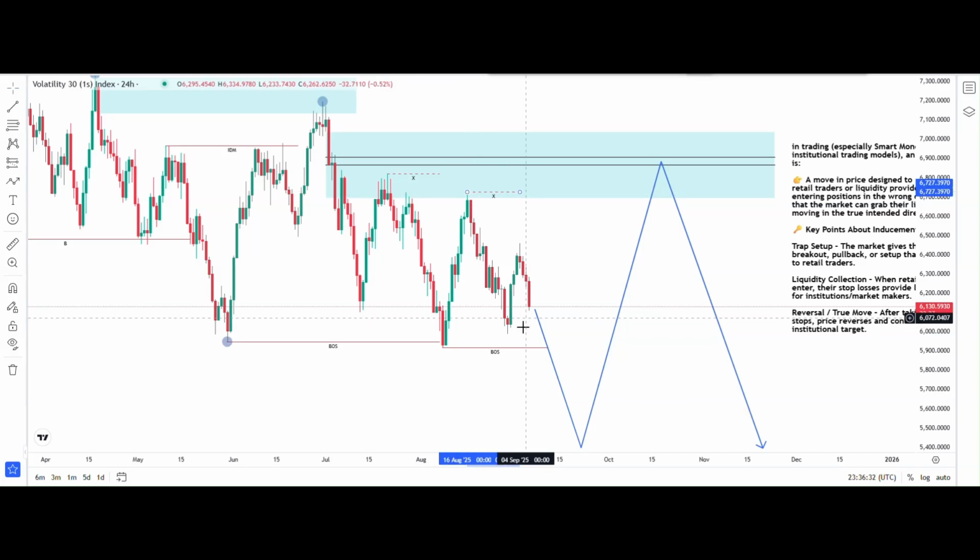And once the market breaks this low, we're expecting it to turn back and target both of these highs. You can call it relative equal highs, equal highs, inducement, whatever. This is the significant institutional liquidity that the market is looking for right now to take out so it can continue in the direction that it's going.